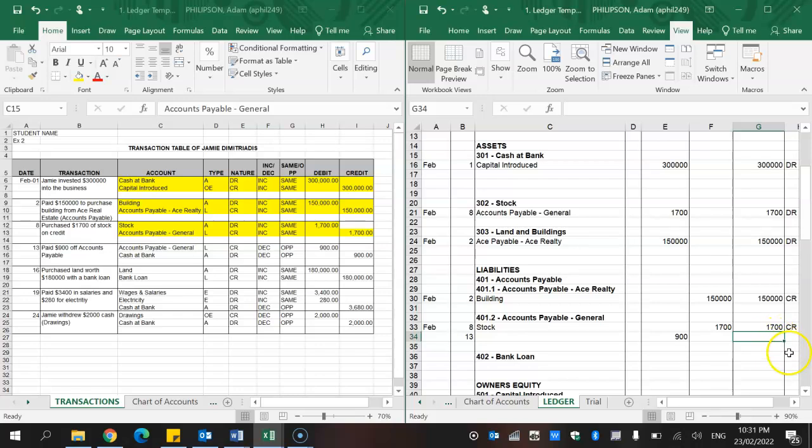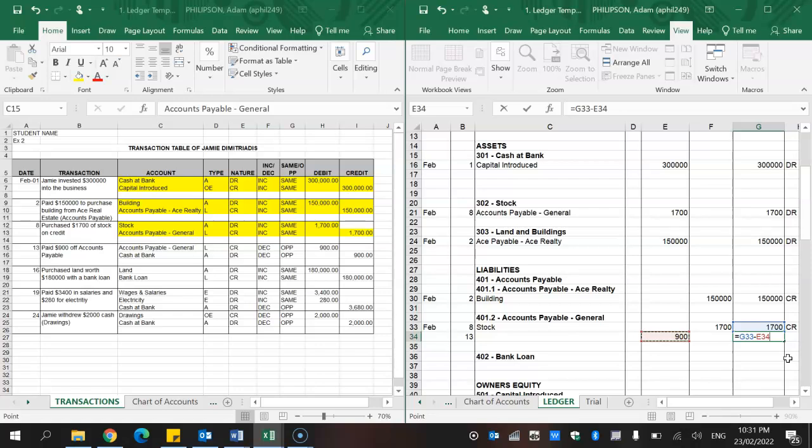So what we need to do in here is use a formula. Most of you could probably do that calculation in your head, but we use Excel, it's got its own inbuilt calculator. So we're going to go equals, and that tells Excel that we're going to use a formula. We arrow up to the 1700, and then we're going to go minus $900.